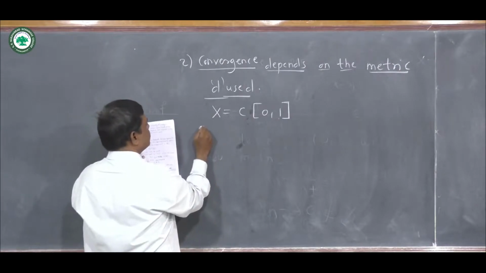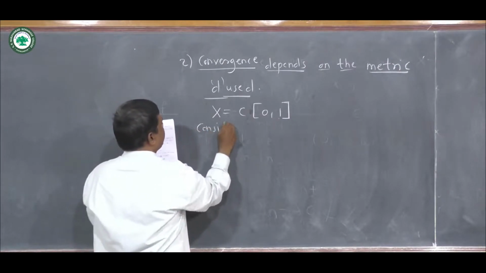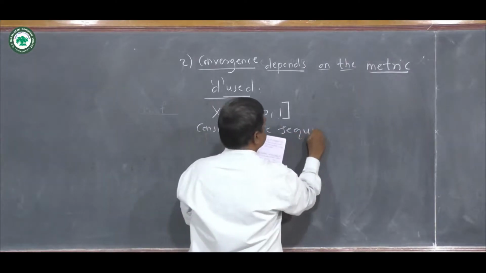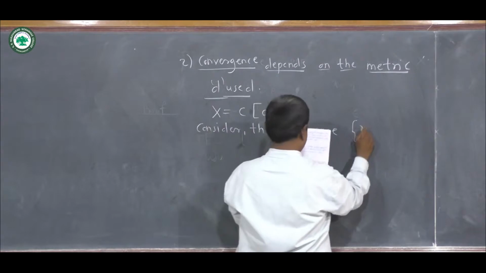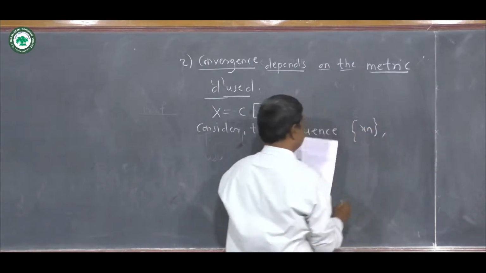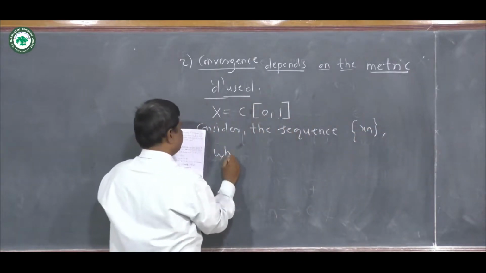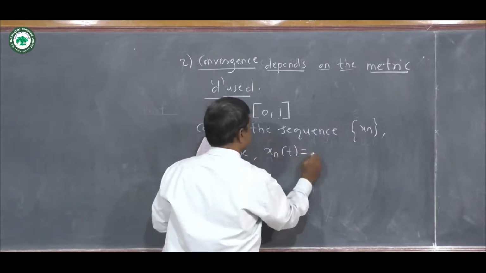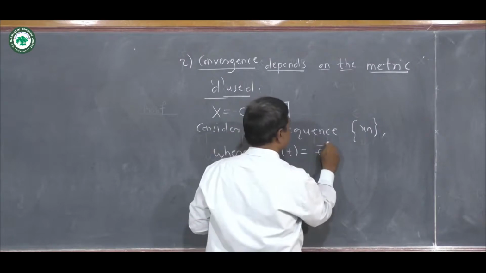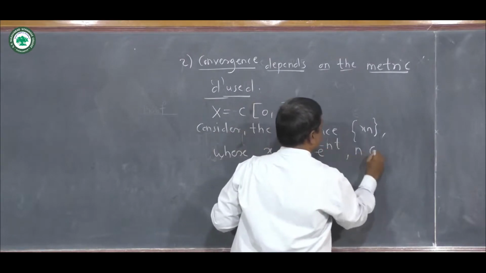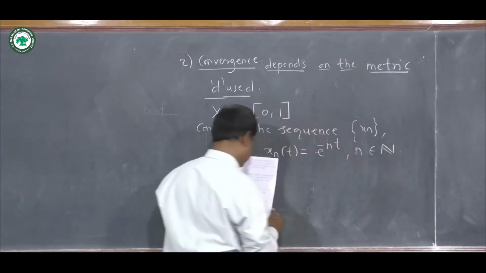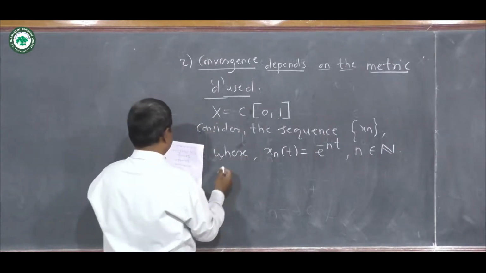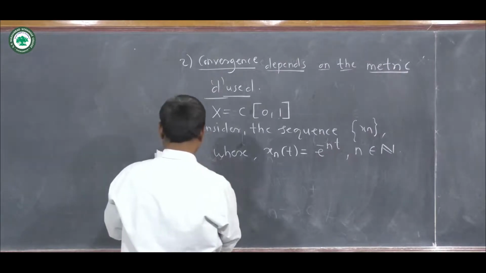Now consider the sequence xn, where xn(t) is equal to e raised to minus nt, where n belongs to N, the set of natural numbers.